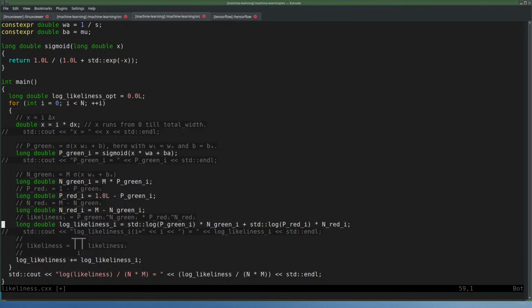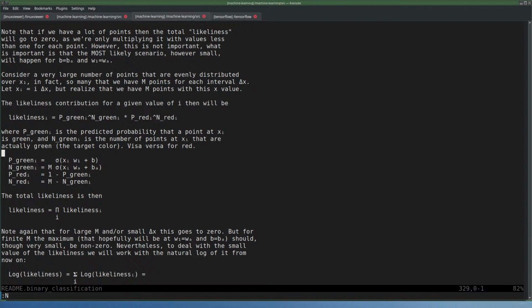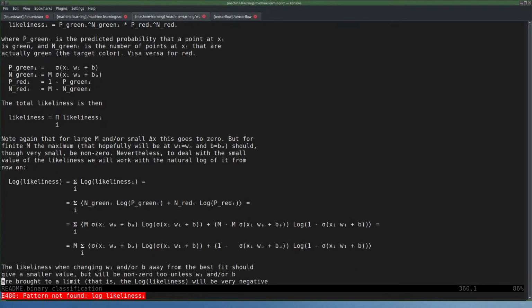Yeah, I have a formula for log likeliness as well. I don't. You gotta be kidding me. Nope, we just did that on the fly.